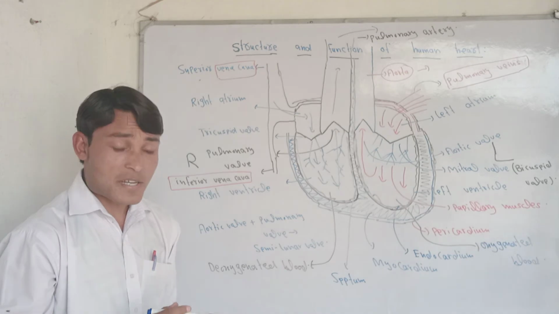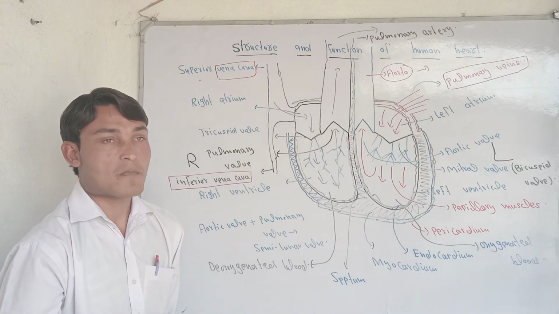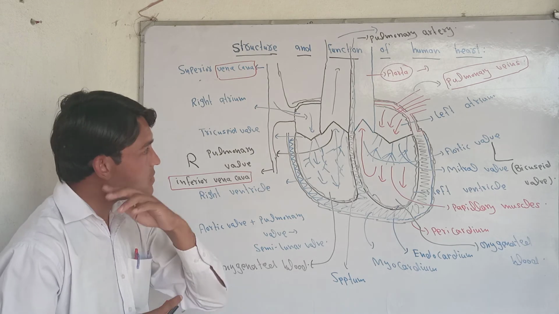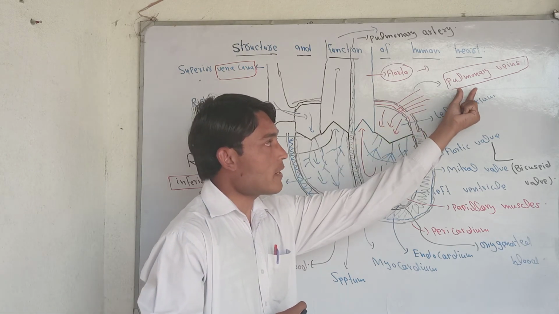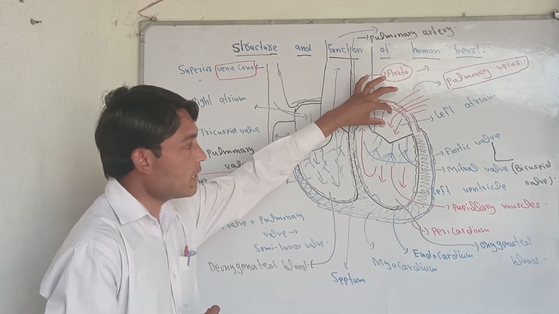So now let's revise the cycle, and how blood circulates in the human body. First of all, the pulmonary veins take oxygenated blood from the lungs into the left atrium.